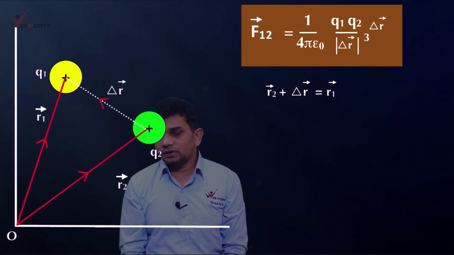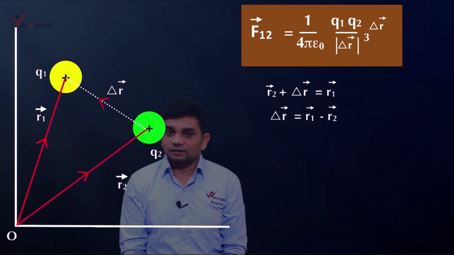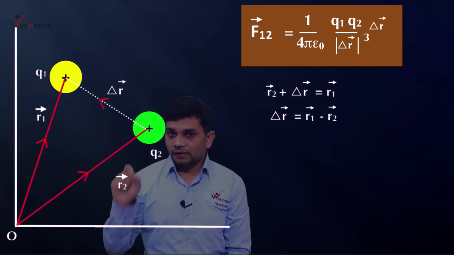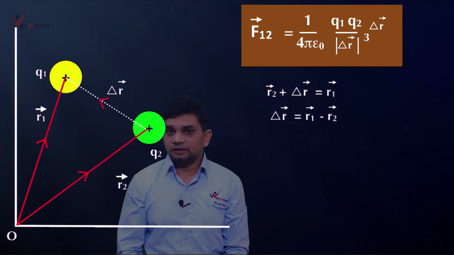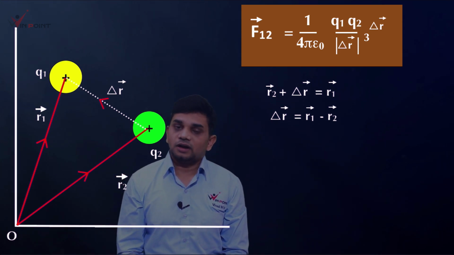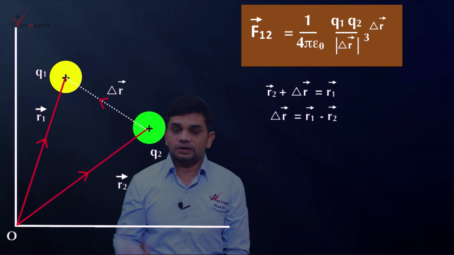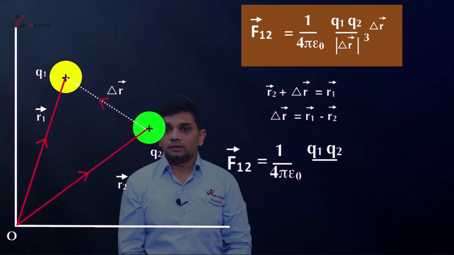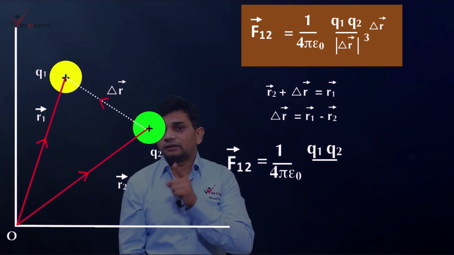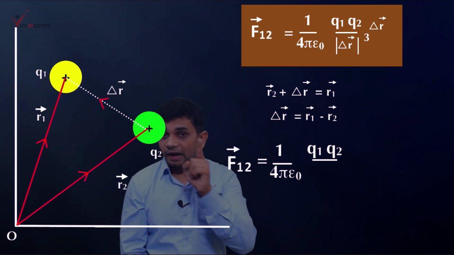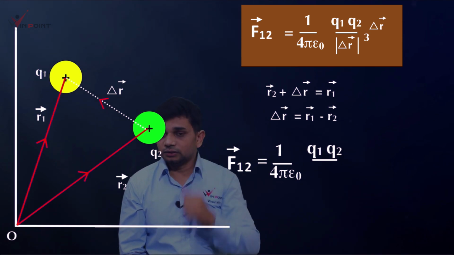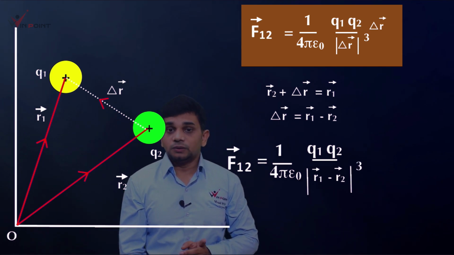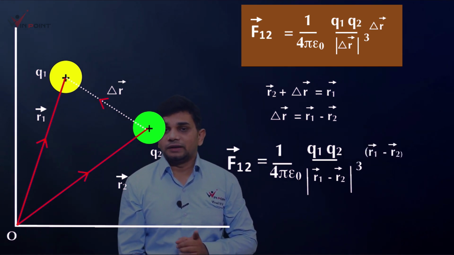From that, can we make an equation for vector delta R? Yes, vector delta R will be equal to vector R1 minus vector R2. So we are going to substitute that value here. It will be F12 equal to 1 by 4 pi epsilon 0 Q1 Q2 by magnitude of vector R1 minus vector R2 whole cube into vector R1 minus vector R2.